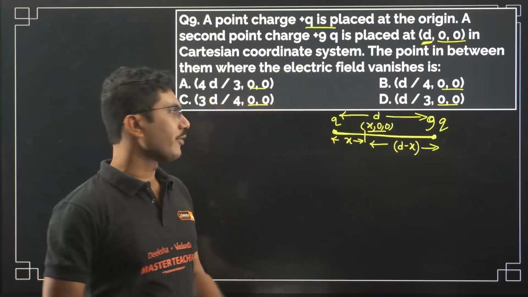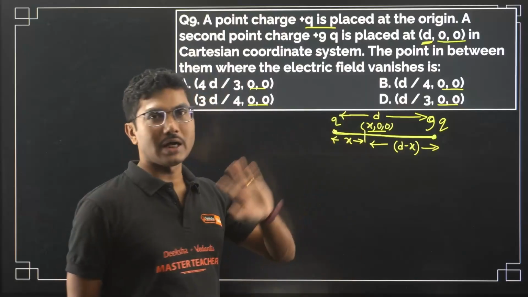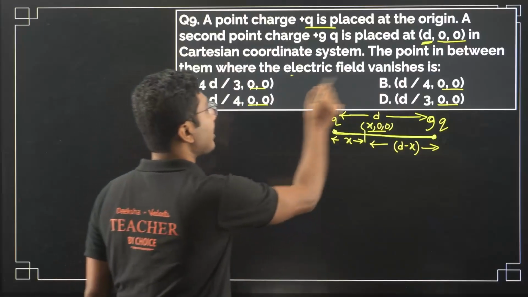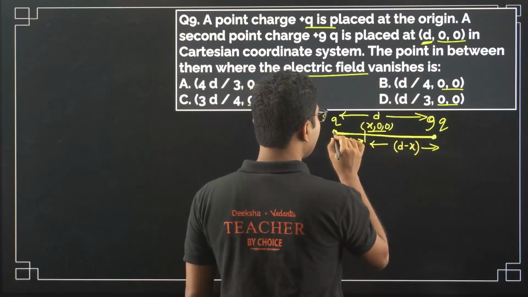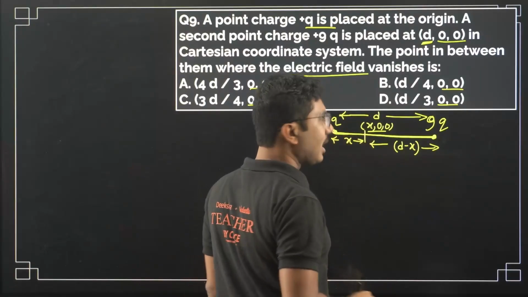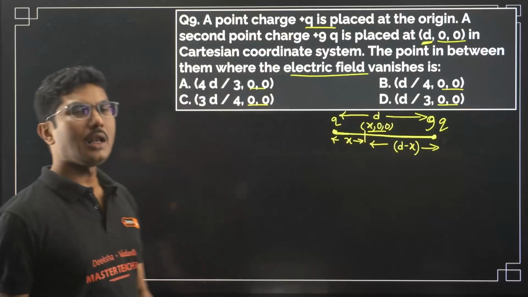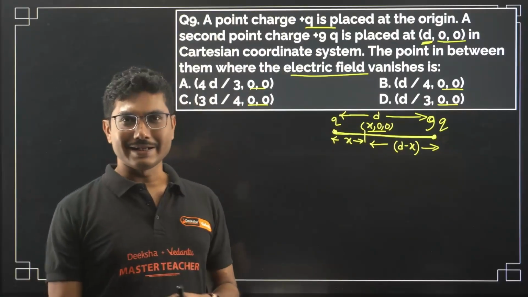So what we have to do is find the value of x. That is what we are trying to do. So what is the meaning of null point, or electric field vanishes? It means the electric field due to this charge at this point and the electric field due to this charge at this point will be equal but in the opposite direction. So basically their resultant is 0.